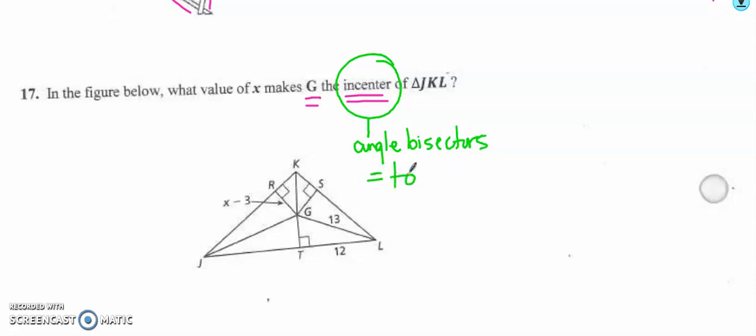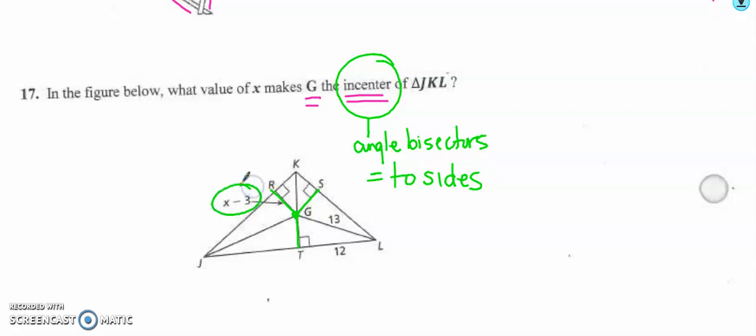They're either equal to the vertices or they're equal to the sides. Angle bisectors, incenters are equal to the sides. So when we look, this G is equal here, down to here, and over to here. I know you don't know what here is, but hopefully you looked up there. GS, GT, and GR are congruent.